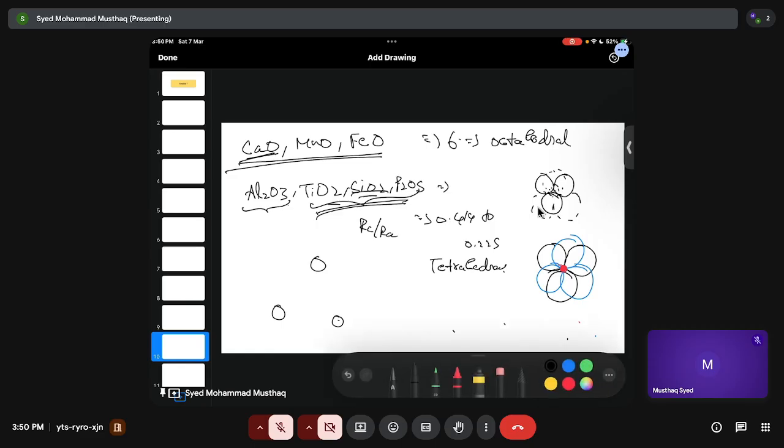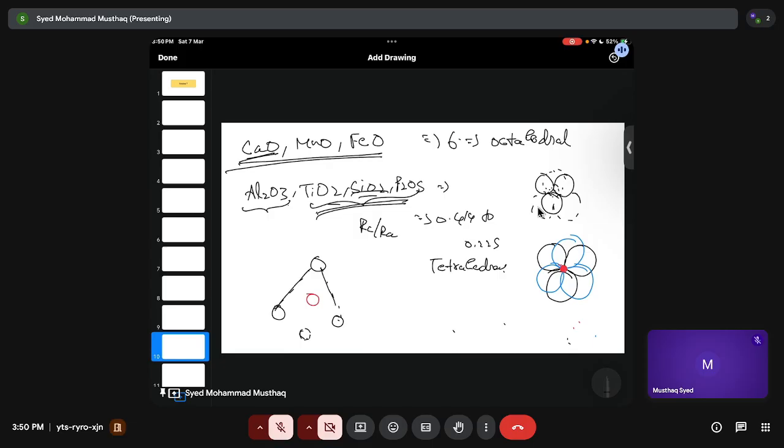These do not form bonds like this, so let's not write like this.